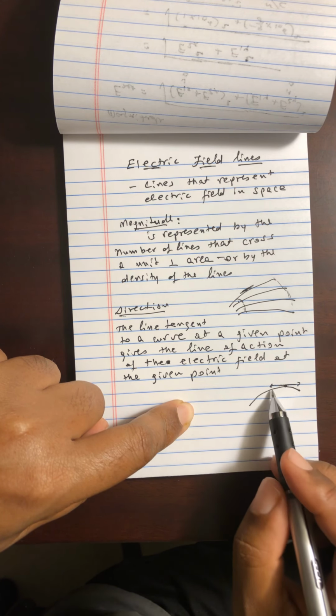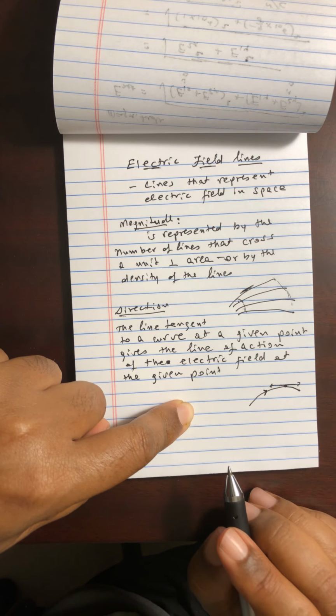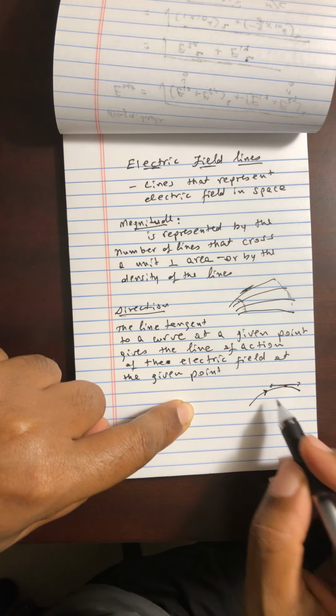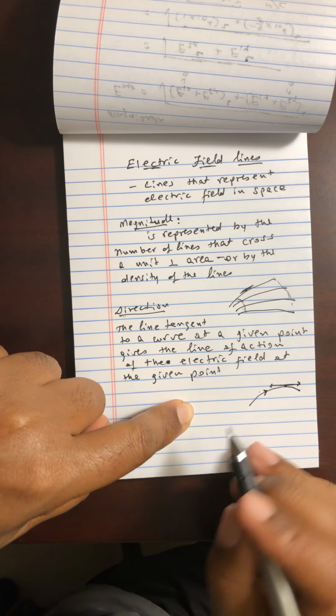To distinguish between these two possible directions, an arrow is placed on the line. So if I put this arrow, it means I pick this one over here, but if the arrow is reversed, I pick this one over here.